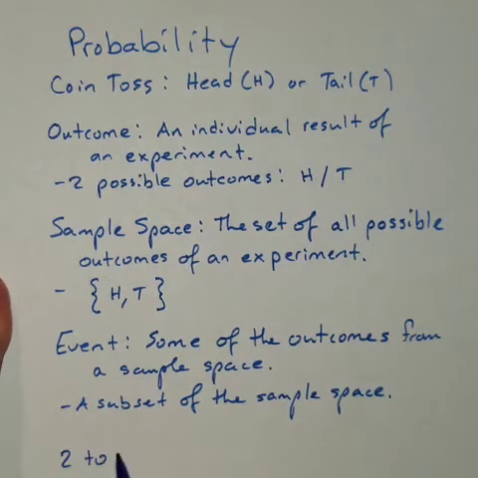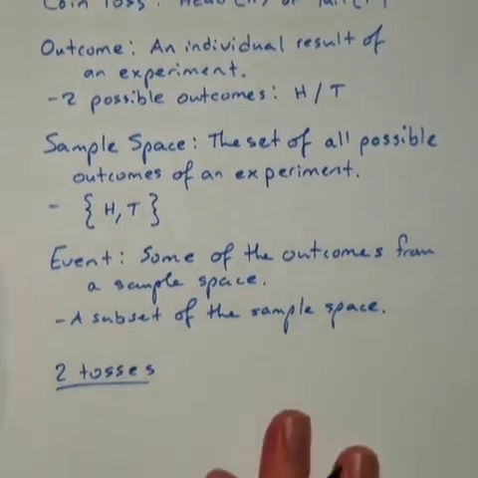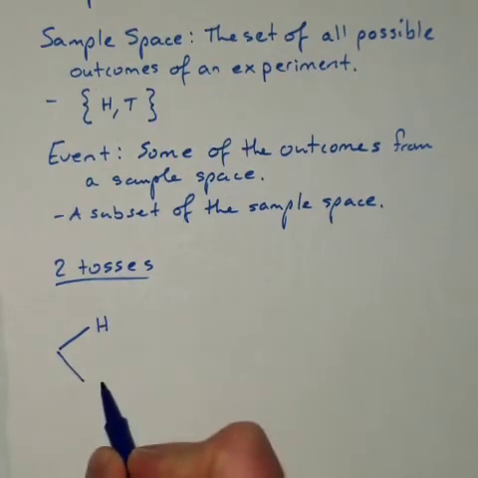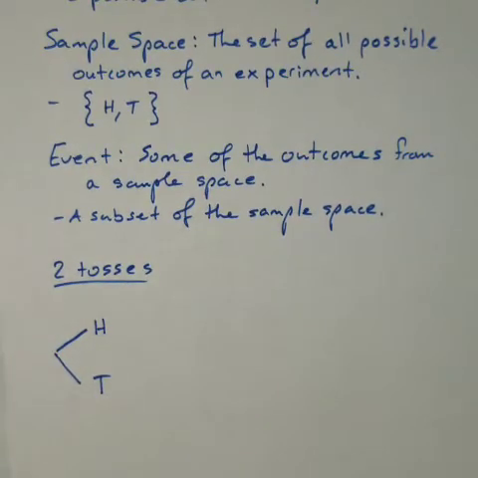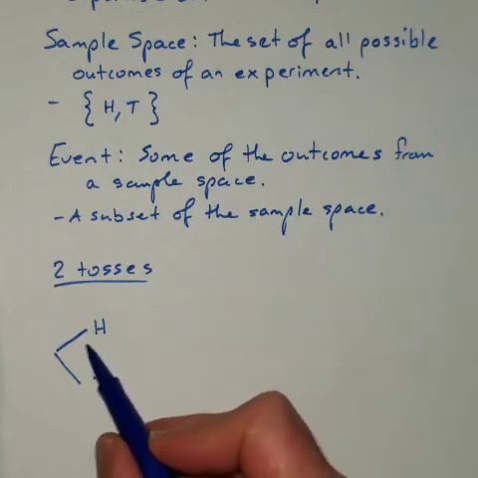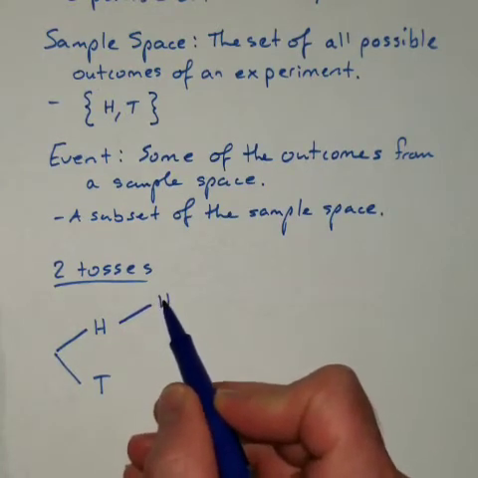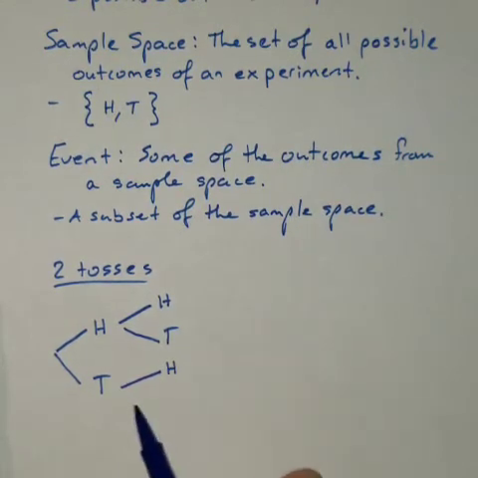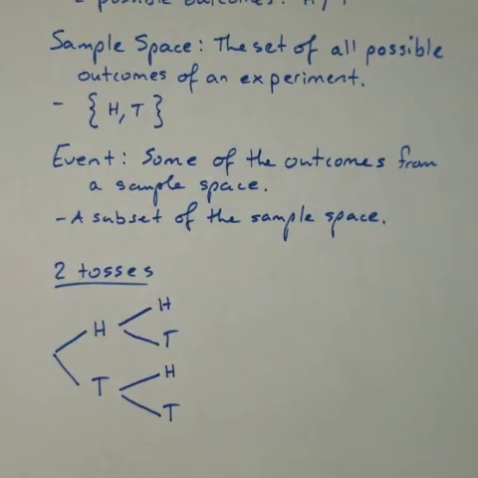The first one would either be a head or a tail. Okay, just depends on how that turns out. The second one would then also either be a head or a tail. So either you do head and then a head, or a head and then a tail, or it could be a tail and then a head, or a tail and then a tail. Okay, so there's really 4 possible outcomes. And when you combine all of these, you can get the sample space and different possible events.